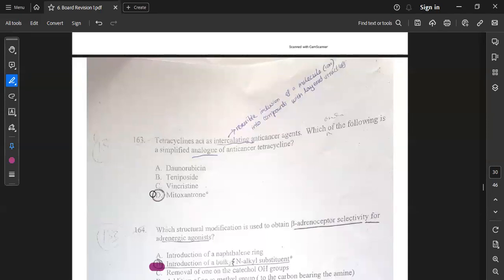So I don't know where teniposide lands. Is it an alkylating agent? It's an epipodophyllotoxin. Yeah. Something else, maybe something to note about toxicities, common toxicities due to vinca alkaloids.